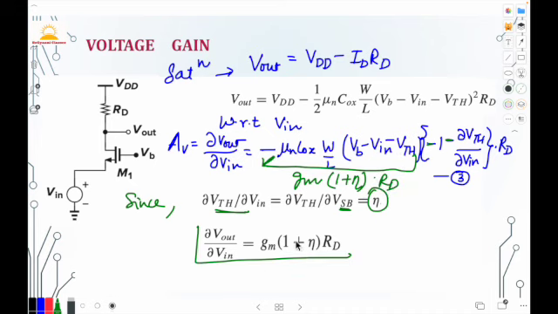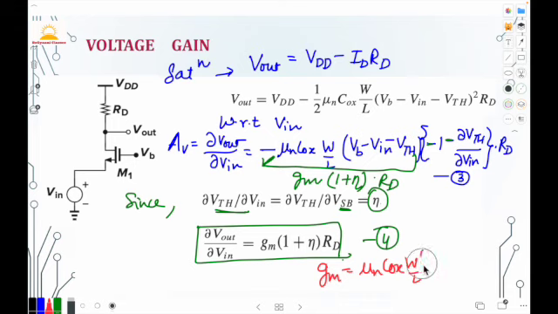So this is the voltage gain of the common gate amplifier, where GM is given by mu n CoX W by L times (VB minus V in minus the threshold voltage). This is the transconductance. Note that the gain is positive, and the body effect is increasing the equivalent transconductance of the stage. This is the transconductance of the MOS M1, and this is our equivalent transconductance GM (1 plus eta).